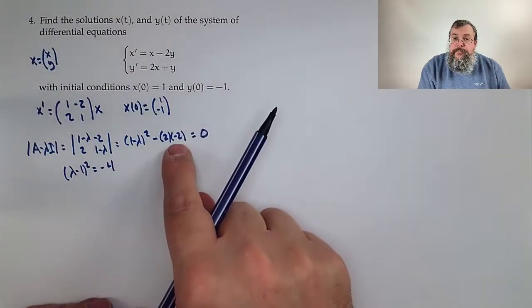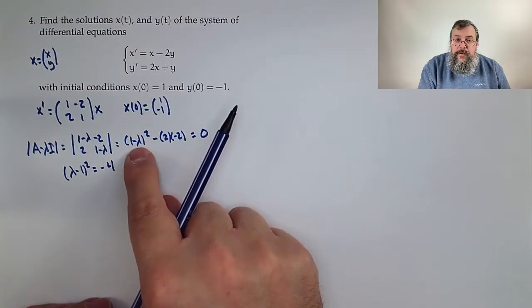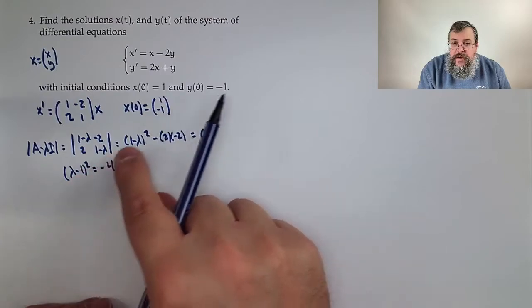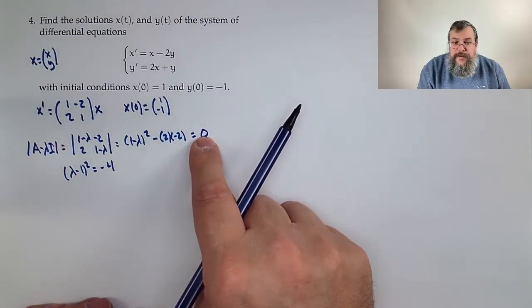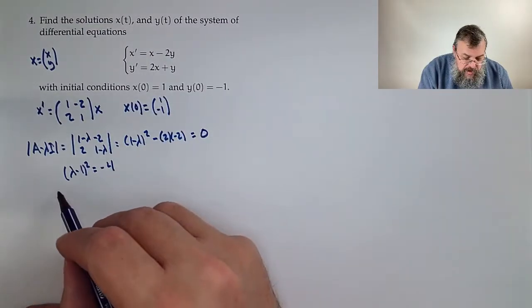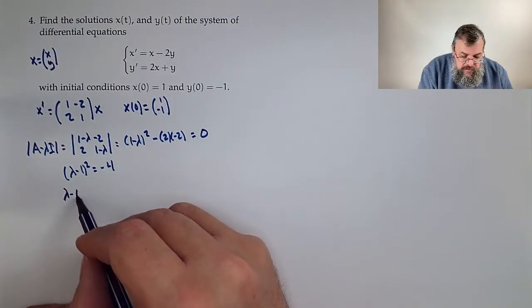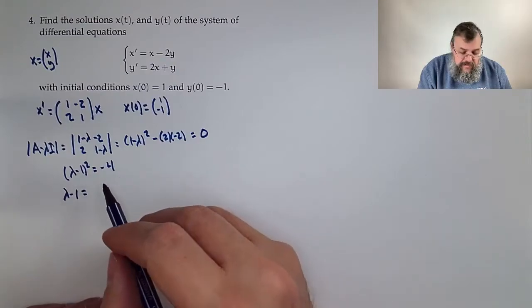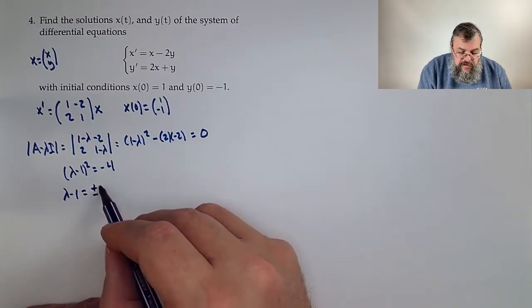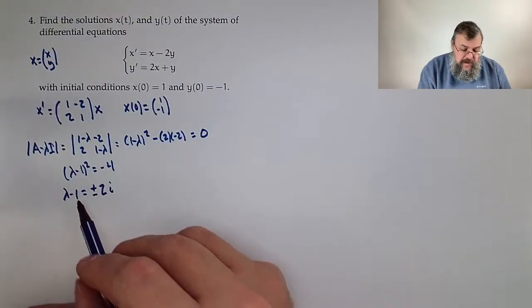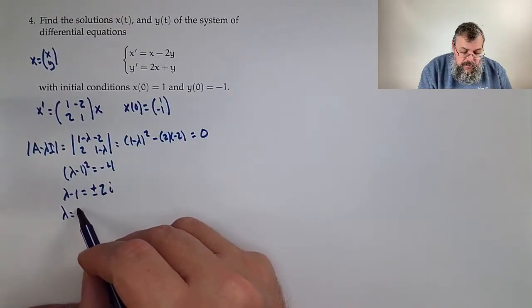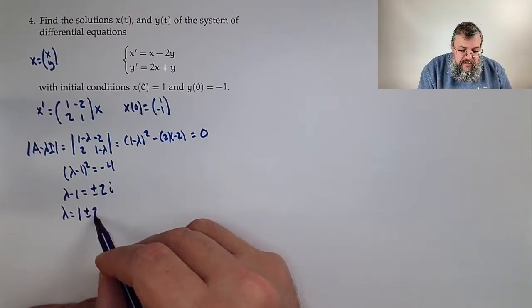This plus 4 comes across as minus 4. So that says lambda minus 1, taking the square root of both sides, equals plus or minus 2i. We need the i because of the minus. So our eigenvalues are 1 plus or minus 2i.